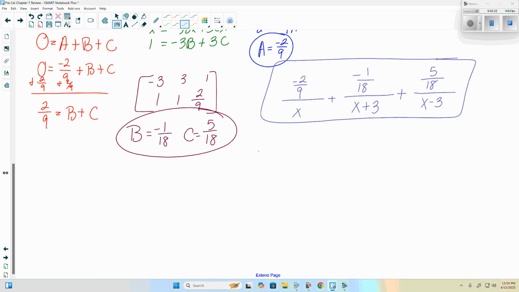The other option is to simplify the top of that fraction is to factor the 1/18 out, which would give us 1/18 out front. Which for the middle and the third term is just going to be negative 1 and 5, x plus 3, x minus 3.